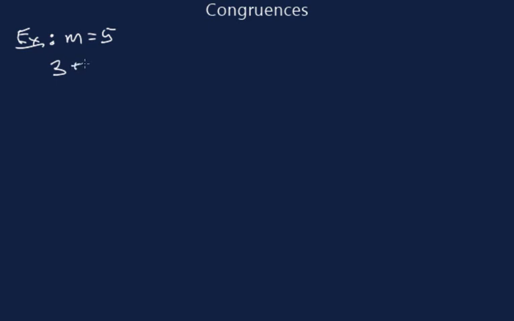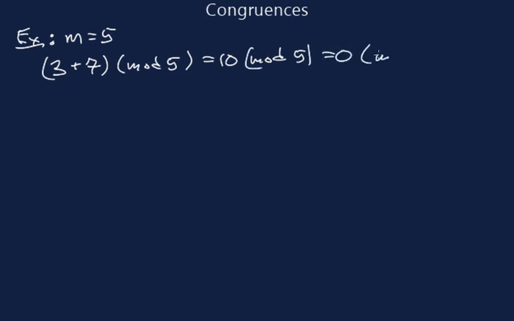Let's take m is equal to 5 and look at 3 plus 7 mod 5. Well, that's 10 mod 5, and if you divide 10 by 5, you get 0, so that's 0 mod 5. Now, 10, of course, is not literally equal to 0, but it is equivalent to 0 mod 5. Now, instead of 3, what if I'd used 8, and instead of 7, I'd used 17?